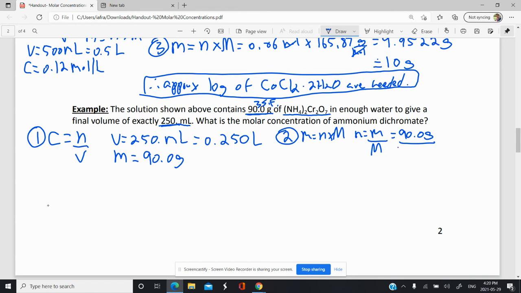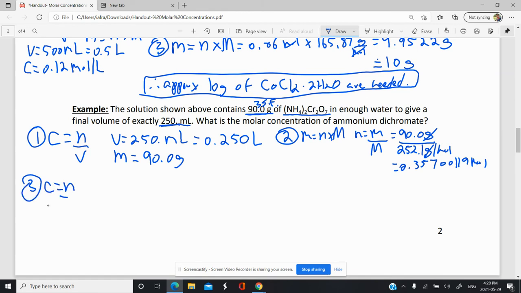So that would be about 252.1 grams per mole. Cancel out the grams there, and we get 0.357001119 moles.